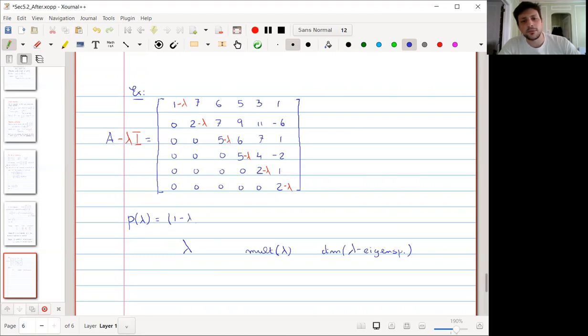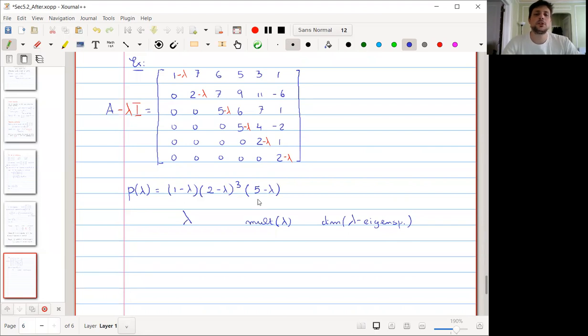And I have 1 minus lambda times 2 minus lambda, but 2 is repeated 1, 2, and 3 times, and 5 minus lambda. That's my characteristic polynomial. So my possible eigenvalues are 1, 2, or 5, with multiplicities respectively 1, 3, and 2. Oops, this is a square, so 5 has multiplicity 2.